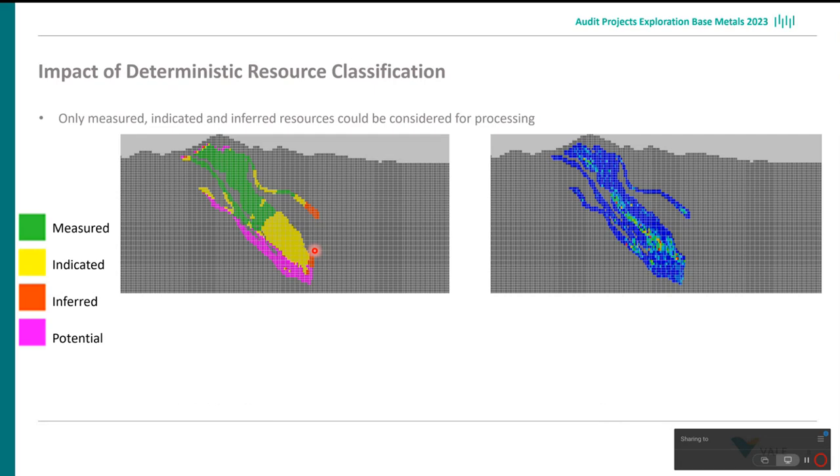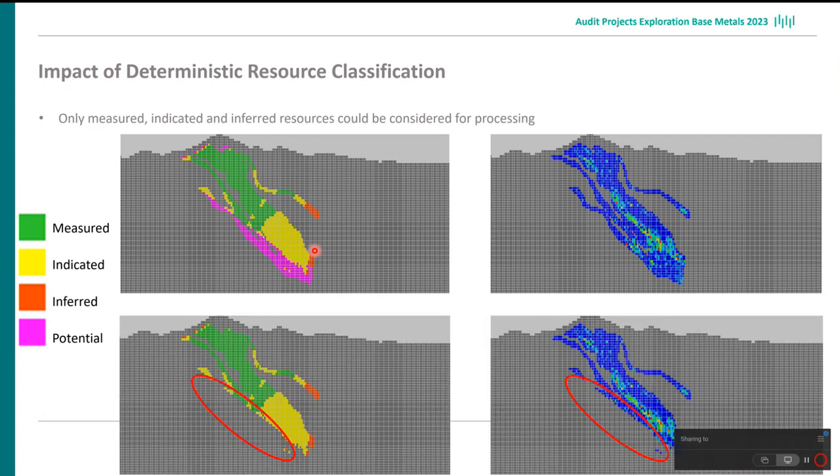For this deposit, in the deterministic optimization we were only able to select blocks classified as measured, indicated, and inferred for optimizing the value chain. The previous performance was considering the whole ore body.